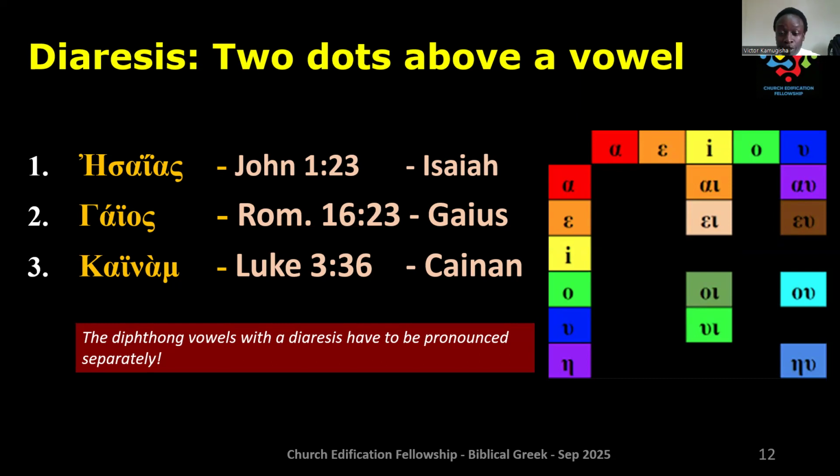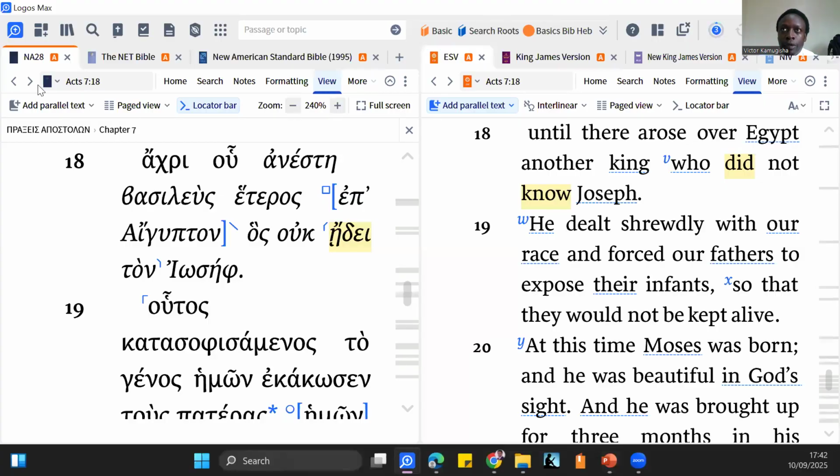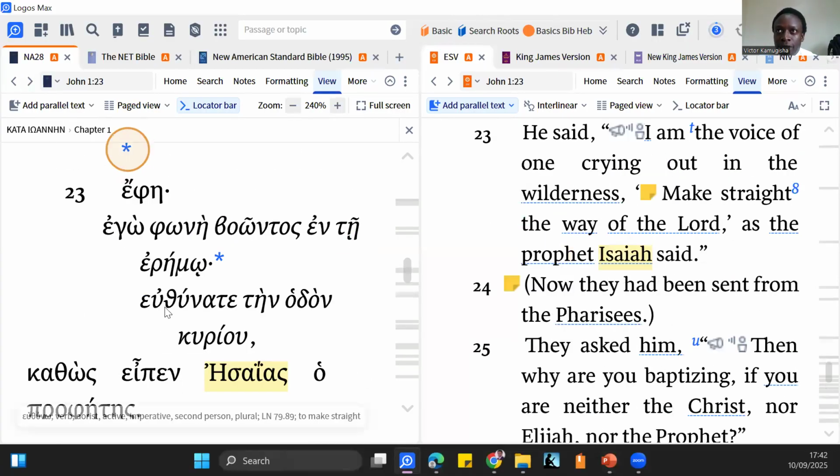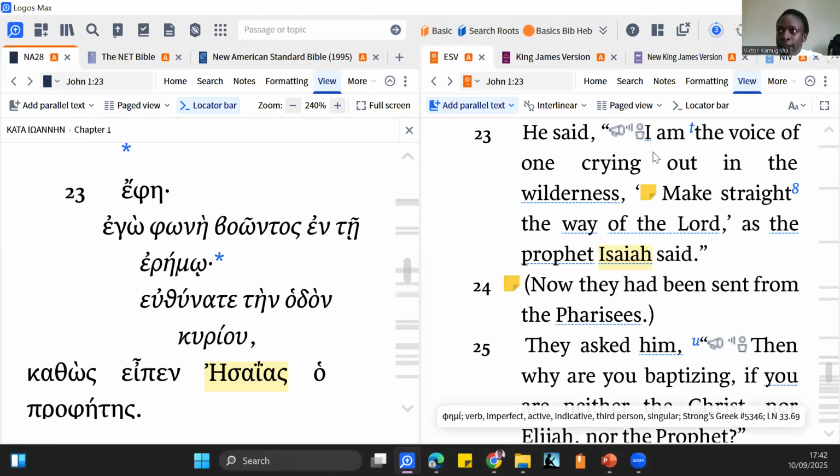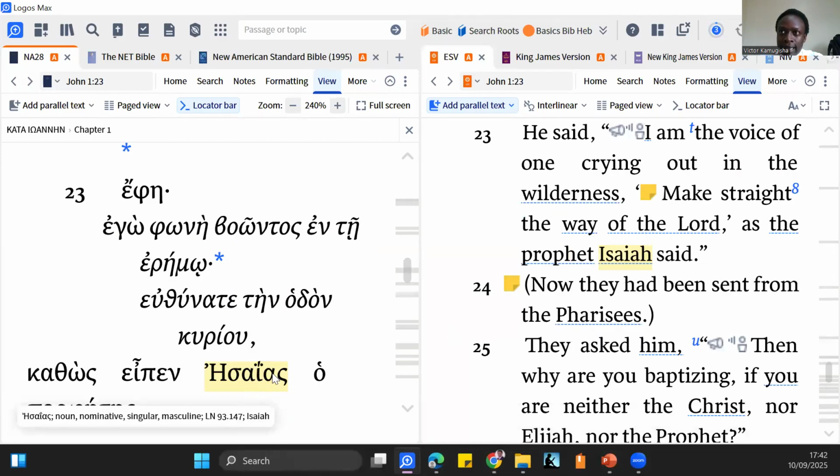I'll give an example from John chapter 1, verse 23: "He said, I am the voice of one crying out in the wilderness, make straight the way of the Lord, as the prophet Isaiah said." You see the word Isaiah, the iota has two dots above it, so this is not a diphthong. When pronouncing this, you'll say Isaias, pronouncing them as separate letters.